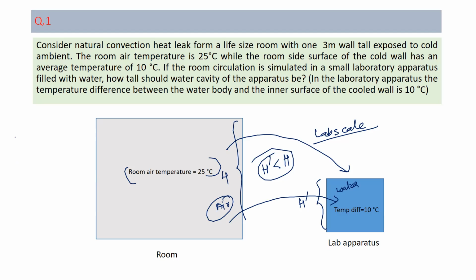In this case, we can assume the Prandtl number is of the order of 1. Like water, we are using water, or any other fluid also. So the criteria is, then comes our non-dimensional numbers.